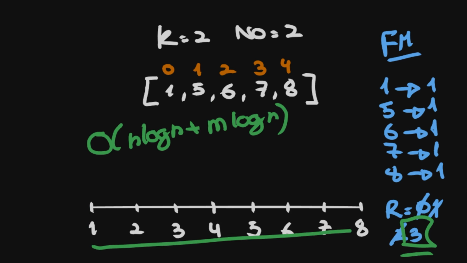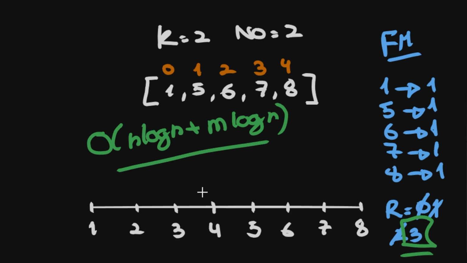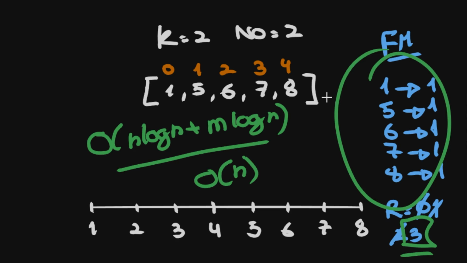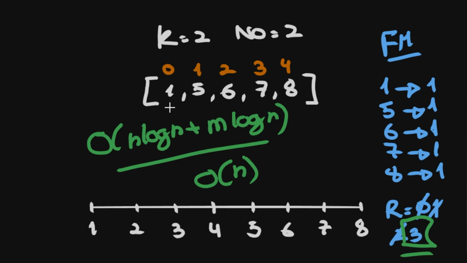Remember, we are trying each of these targets, and every time we run a binary search on this array. So this is overall m log n, this is overall time complexity, and space complexity will be big O of n. Remember, we have a frequency map here, and also space for sorting in Python requires big O of n. So this is it for the approach.